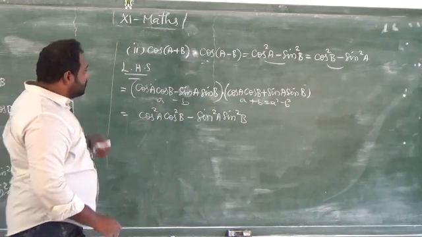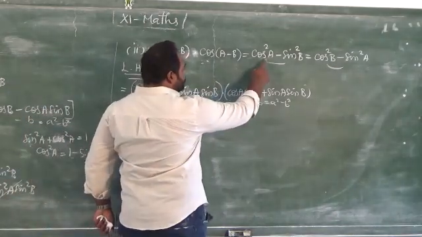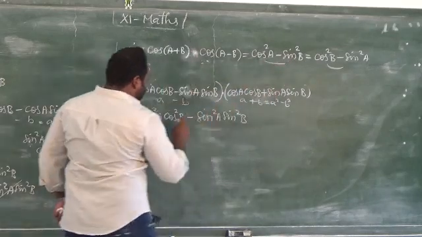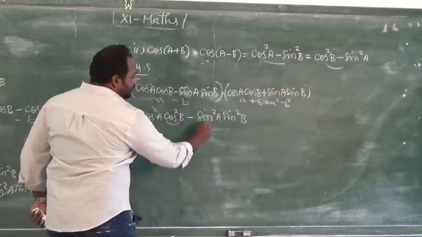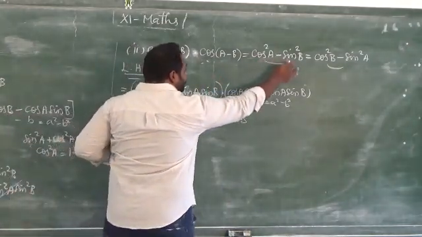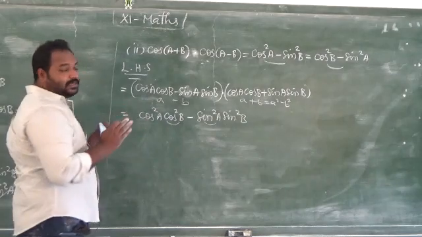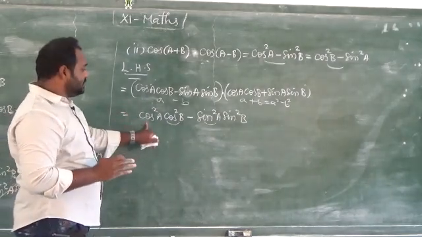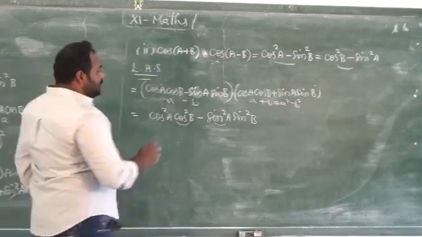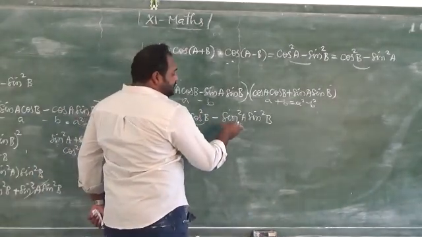Here we have cos square a, here we have sin square b. So I am going to change this and this, because we need cos square a minus sin square b. So cos square a is the first one, so keep it as it is, don't change anything here. Only I am going to make changes in the cos square b as well as in this term sin square a.